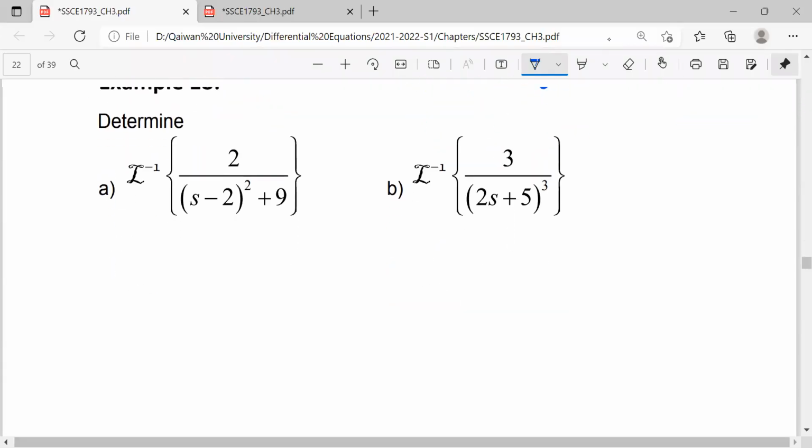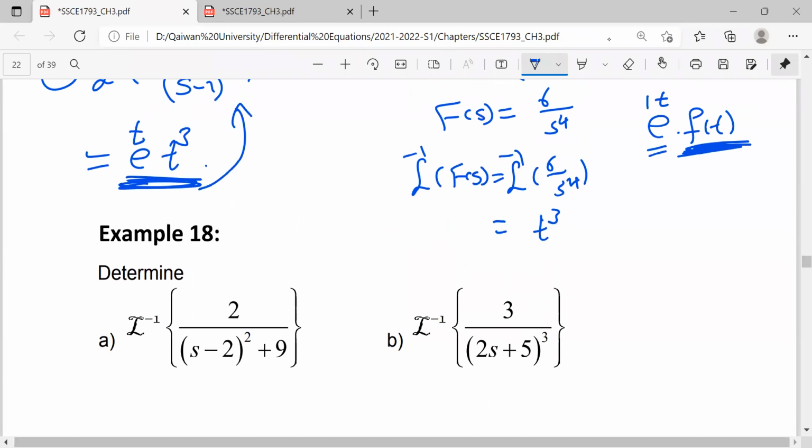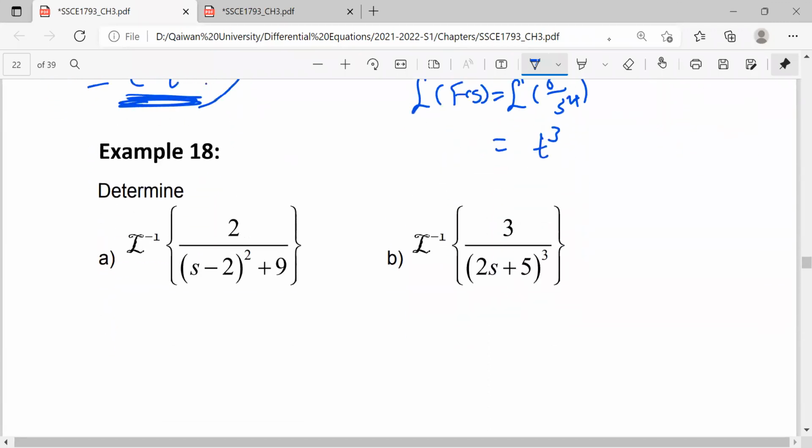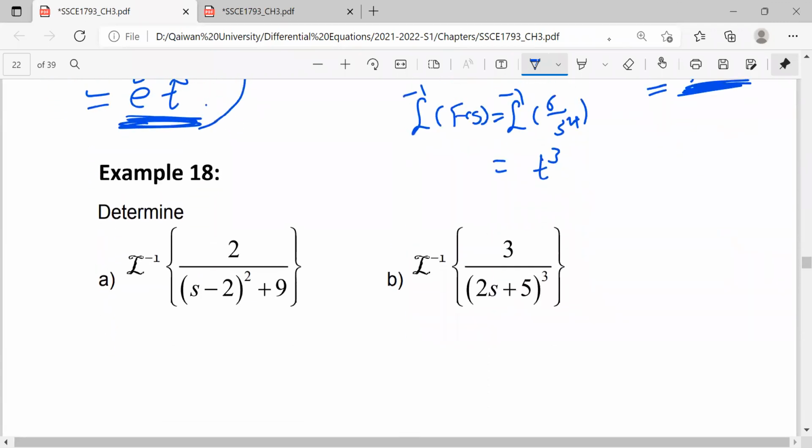We now have 2 examples about finding the Laplace inverse. We are given 2 functions of s, and we should find the Laplace inverse for those 2 functions. For the first one, it is 2 over s minus 2 squared plus 9. Since it's s minus 2 squared, that means it's F of s minus 2, so you must have e to the power 2t in the result.